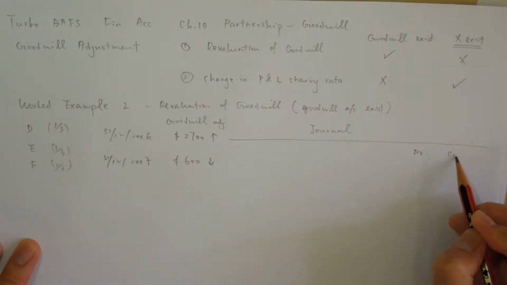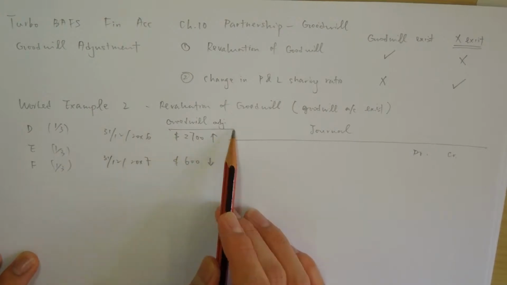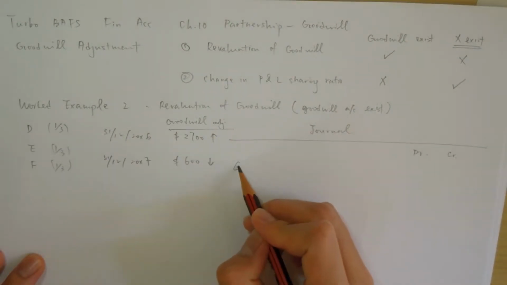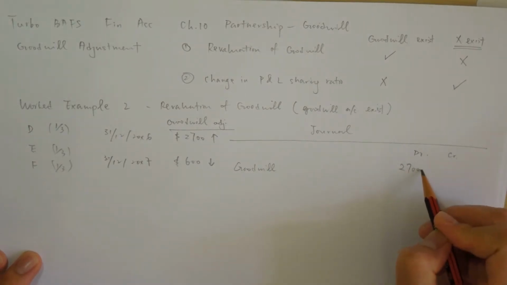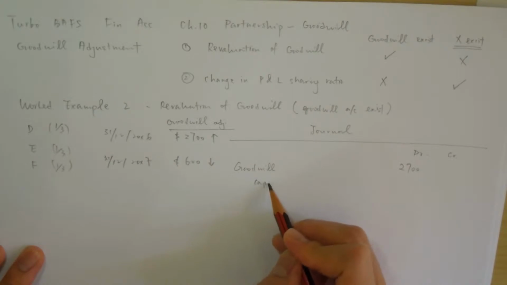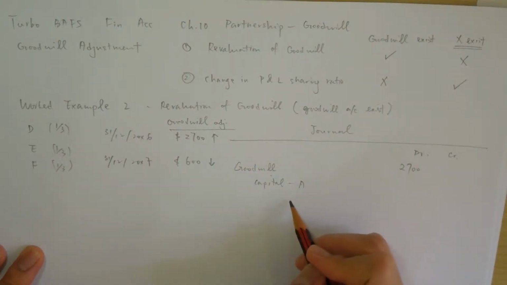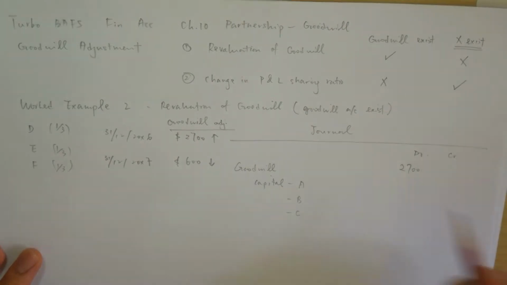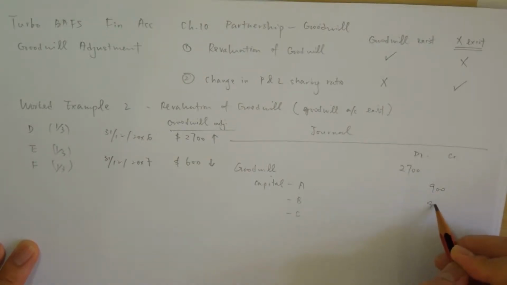Of course, if the goodwill needs to be adjusted upward, then we debit the goodwill account 2,700. And for the capital accounts, we credit them, 2,700 divided by 3, that means 900 each.